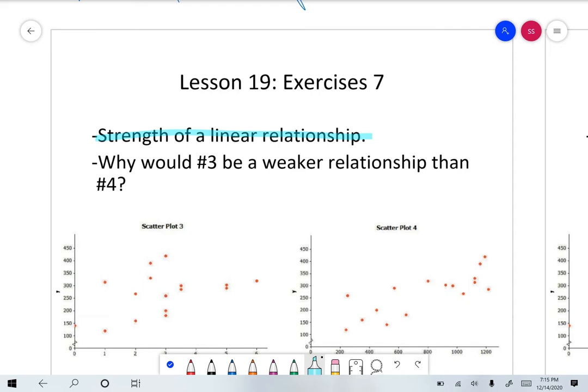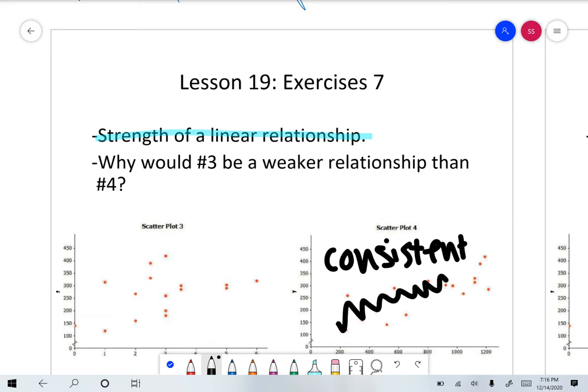Okay, so why would scatterplot 3 be weaker than scatterplot 4? Well, because scatterplot 4 is much more consistent. Think back to when we talked about the battery life of the different brands of batteries. The more consistent your data is, the smaller the residuals, the smaller the deviation, which means we can use it as a much more accurate piece of information.